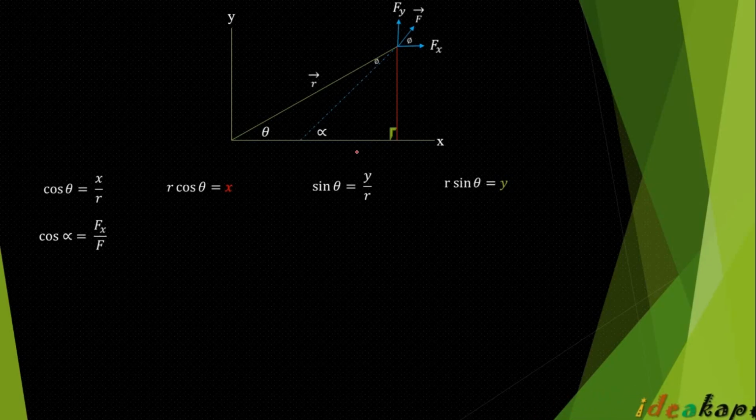Now let's make the component of force in the x-axis the subject. So Fx will just equal F cos alpha, and if we do sin alpha, we should have the component y over the force, and if we make the component y the subject, we should have Fy equal F sin alpha.